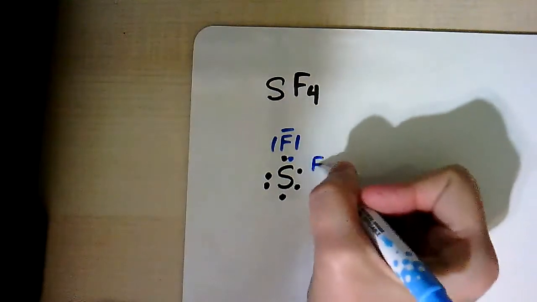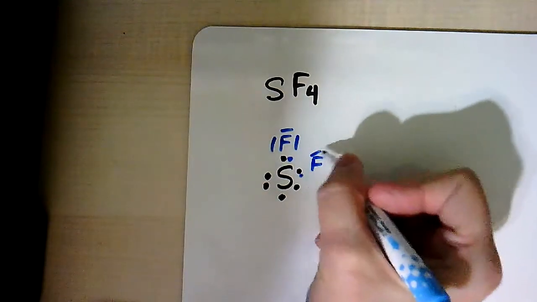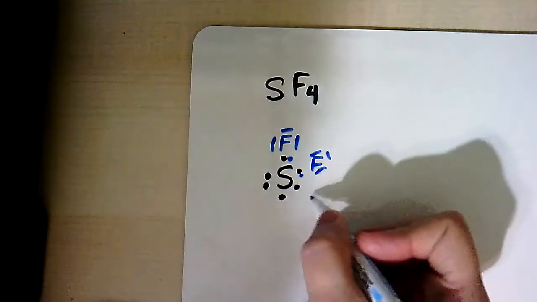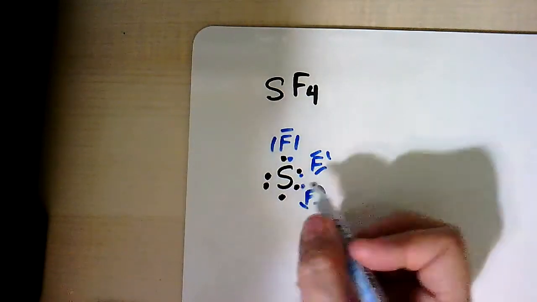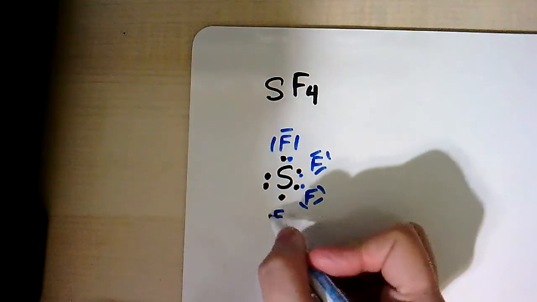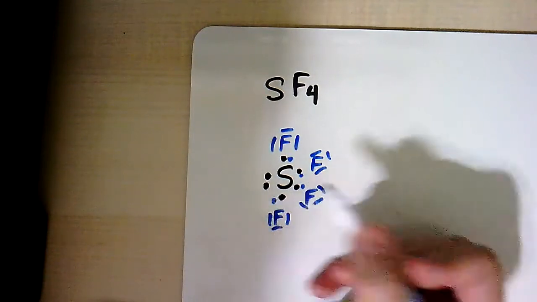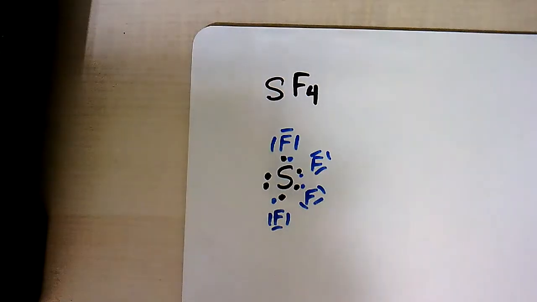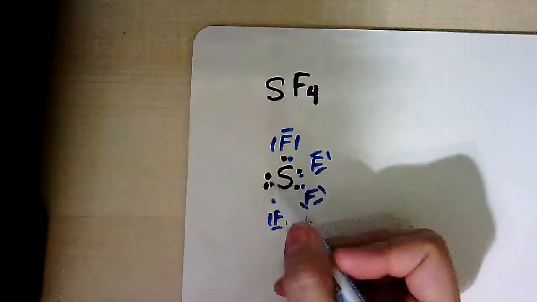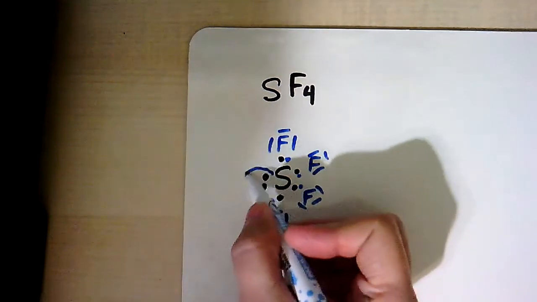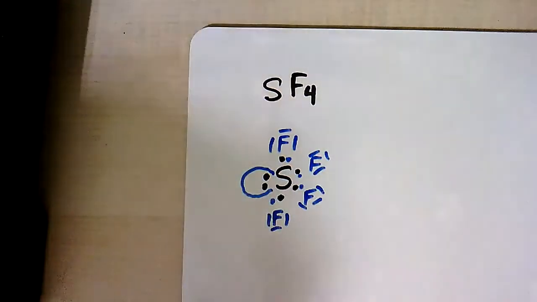Here's another fluorine. Here's another one. And here's another one. Okay. And what we're able to see when I draw it like this is that we do have a spot that is occupied by a lone pair.